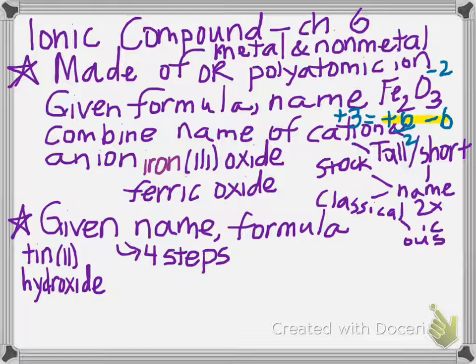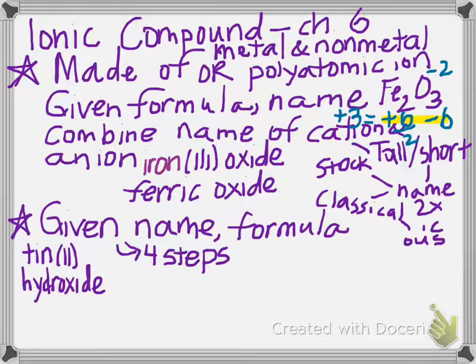So again, those 4 steps: symbols, charges, crisscross, lowest whole number ratio. For symbols, we use our periodic table. Charges, if the element is in a tall column of the periodic table, you should know its charge from where its position is on the periodic table.